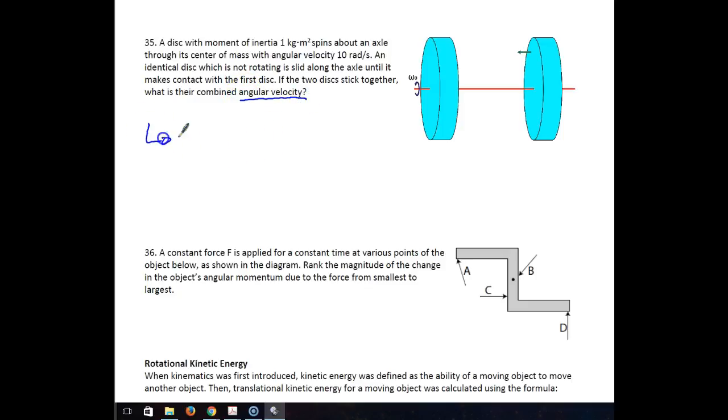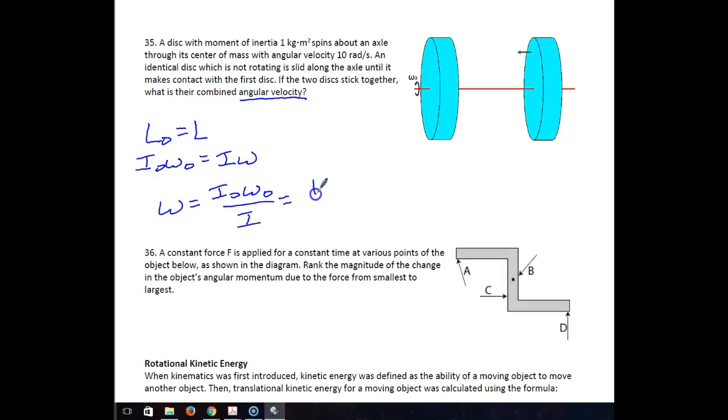I know my original angular momentum has to be equal to my final. So I original omega original is equal to I final times omega final. We're going to solve again for omega final. That's I original omega original all over the moment of inertia final.